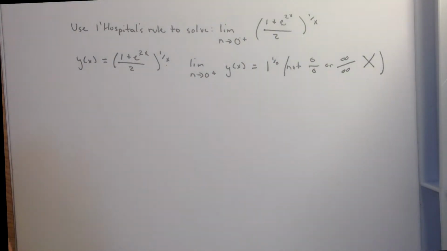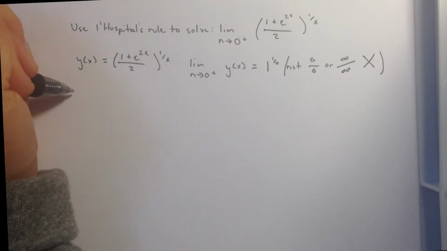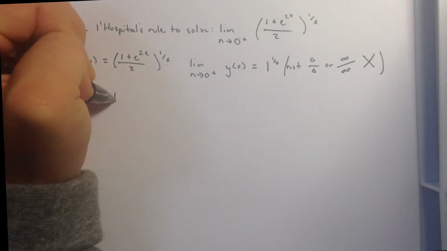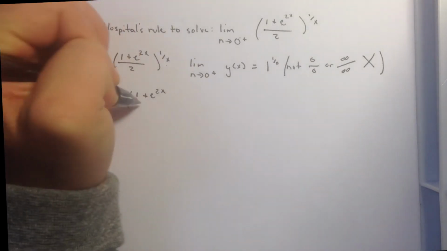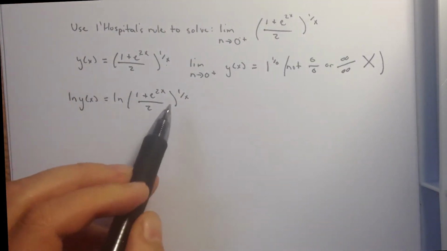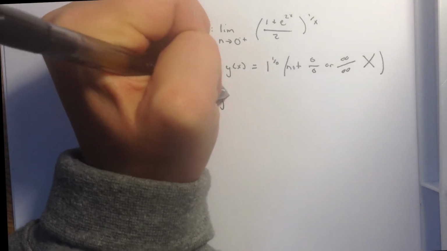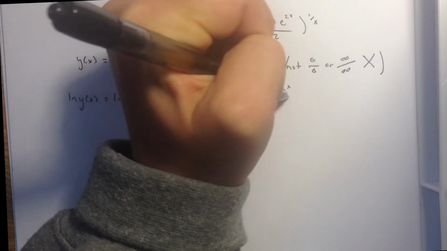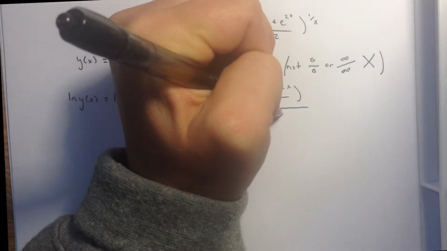But we can manipulate this around a little bit so that we can use it. Let's take the log of both sides, just like this. And by doing this, we can bring this 1 over x out in front. So we can say ln of y of x equals ln of (1 plus e to the power of 2x over 2), all over x.